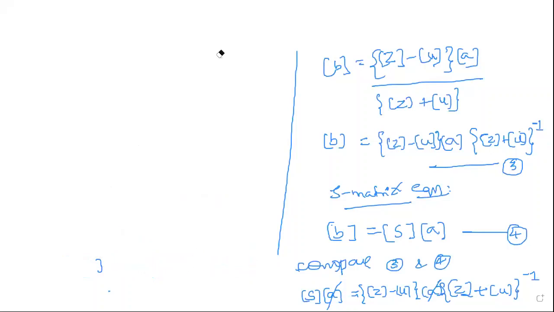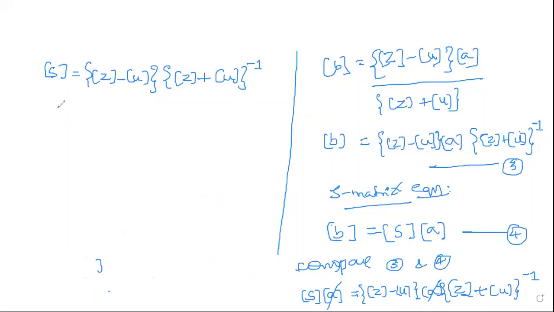S matrix is equal to Z matrix minus U matrix into Z matrix plus U matrix inverse.